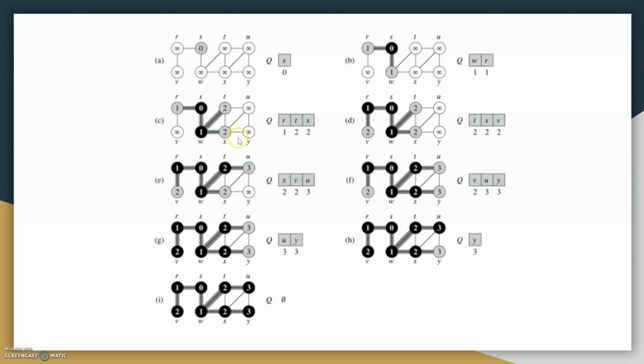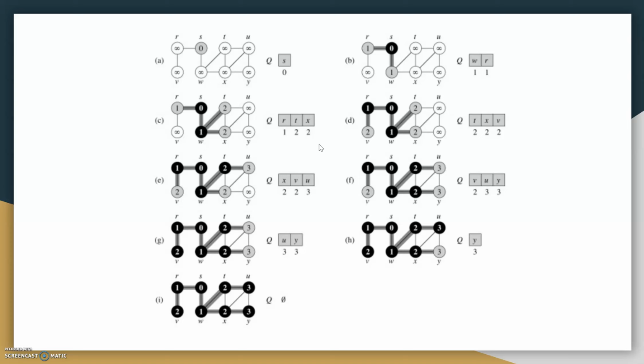On the right side, the Q still has R because R is still gray and not finished yet. The numbers there are 1, with no change. And there are two new ones in the queue, T and X, with the number 2 and 2 below them.